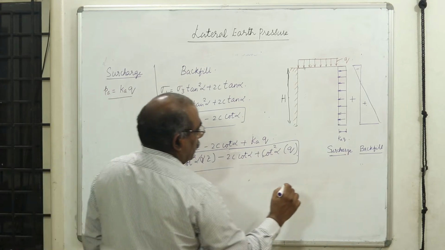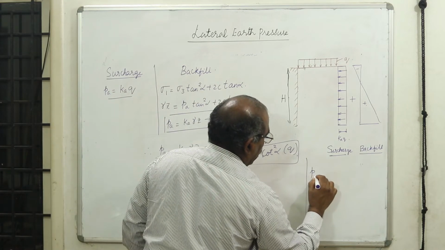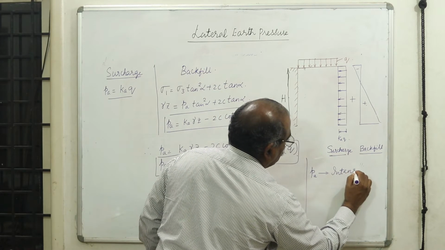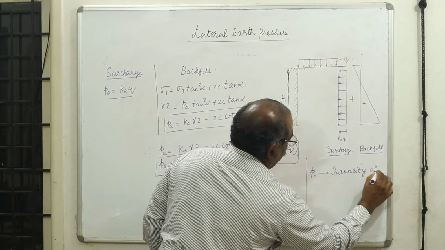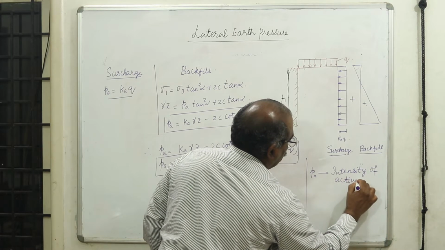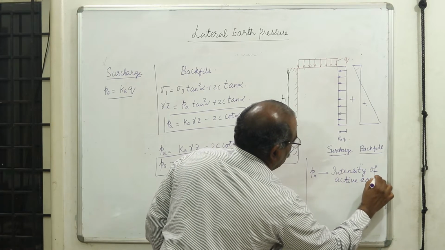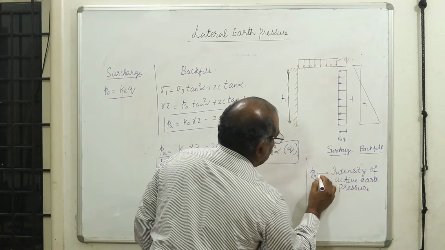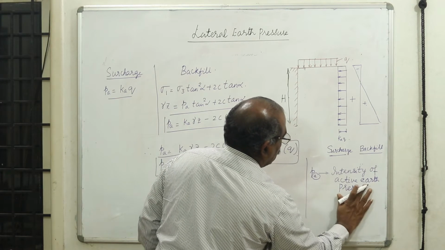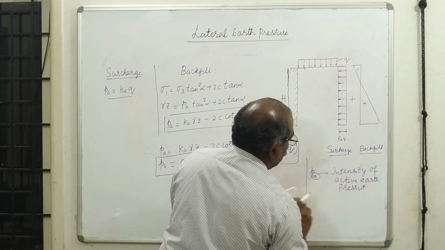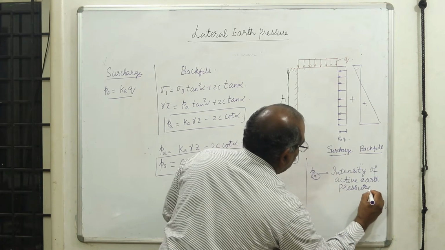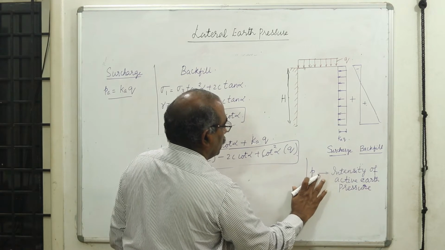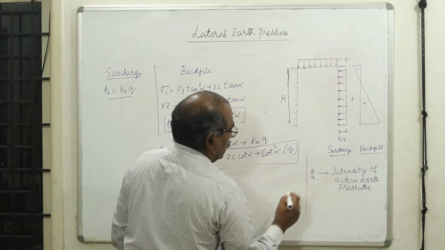So please understand, you need to know the differentiation. PA or small p is meant for intensity of earth pressure, intensity of active earth pressure. If I write PA with suffix A, then it is active earth pressure, otherwise it is passive earth pressure, depending upon the case.